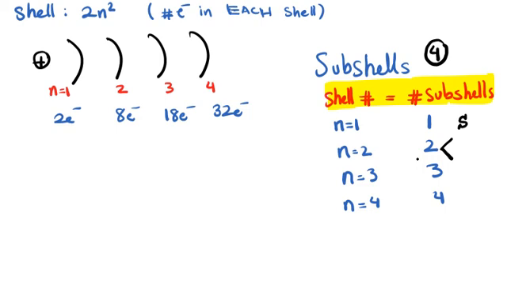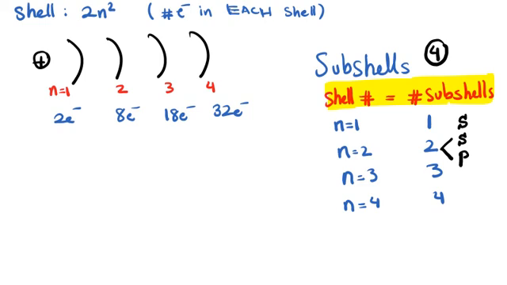Please remember, I said the first subshell is always S, and the second subshell I'm going to call P. So the first subshell is always S and the second subshell is P.